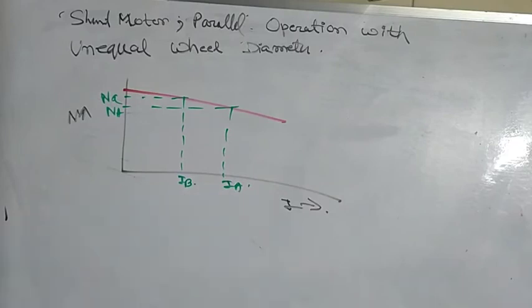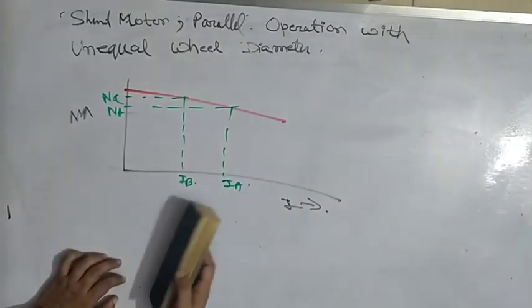That is, the loading of the two motors is materially different. Next is the shunt motor series operation with unequal diameter.